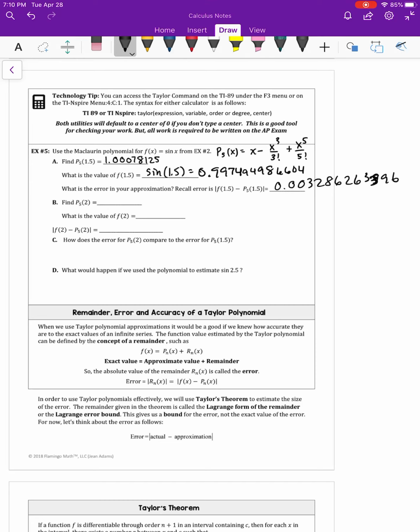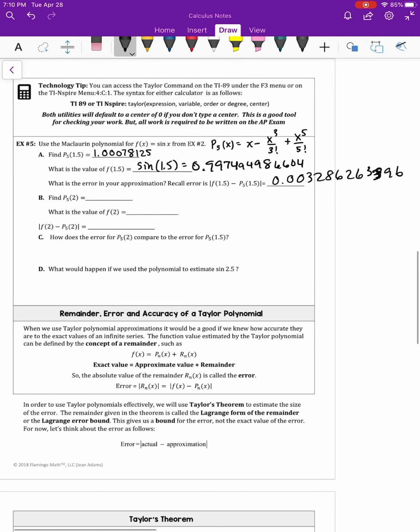And then part B, find P sub 5 of 2. So if we were finding P sub 5 of 2, I would do that in my calculator. That's going to be your P sub 5 of 2.